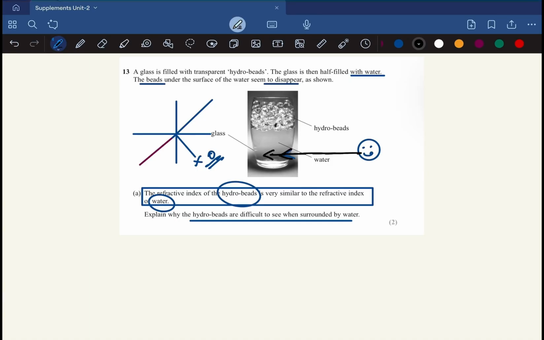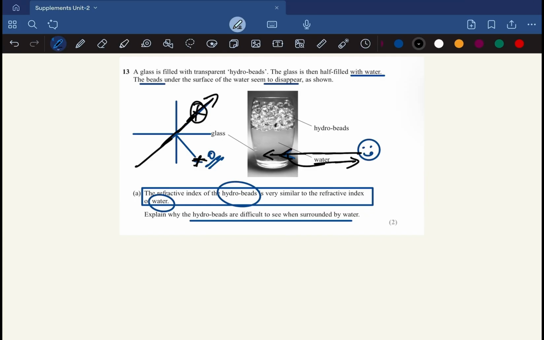There is no refraction, as well as no reflection. As it goes straight, there is no refraction, and as there is no reflection, you cannot see the hydrogel beads.